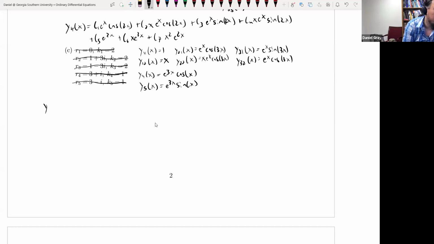All right, so now our general homogeneous solution is just a linear combination of this.